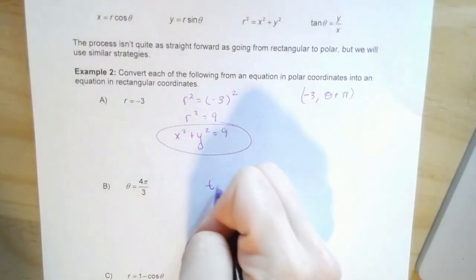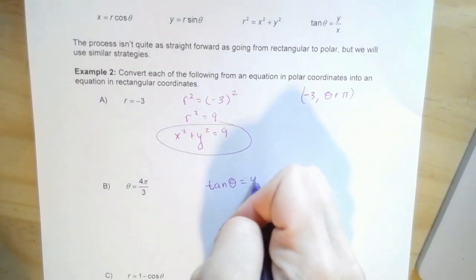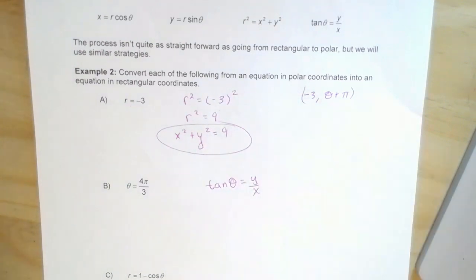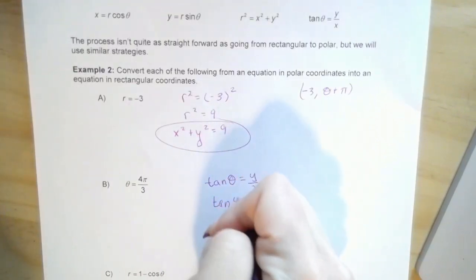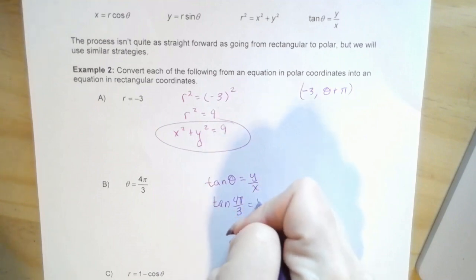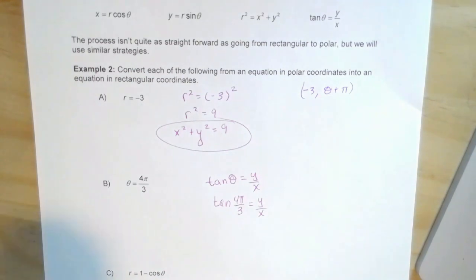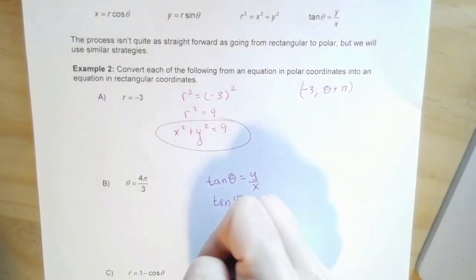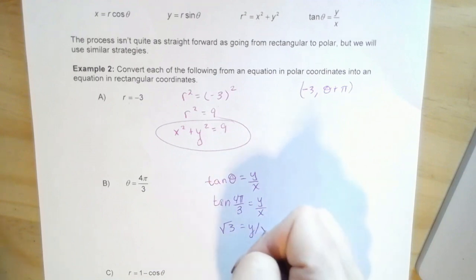So let me use tangent theta equals y over x. So tangent 4 pi over 3 equals y over x. Well, tangent 4 pi over 3 is the square root of 3, so the square root of 3 equals y over x.